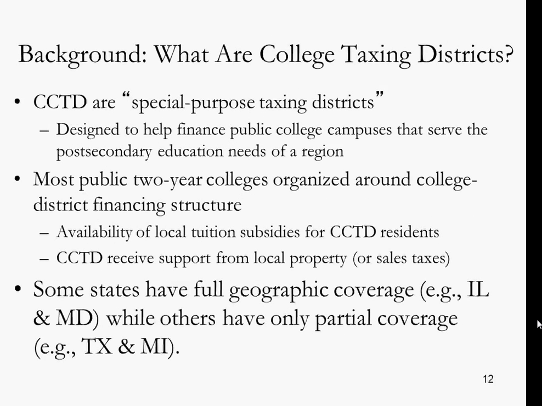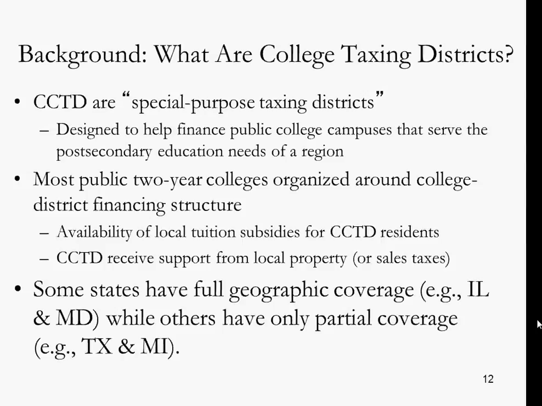Now, what are community college taxing districts? These are special purpose taxing districts in the US. If you live in the district, you pay, usually a fairly small amount, some small percent of the assessed value of your house.